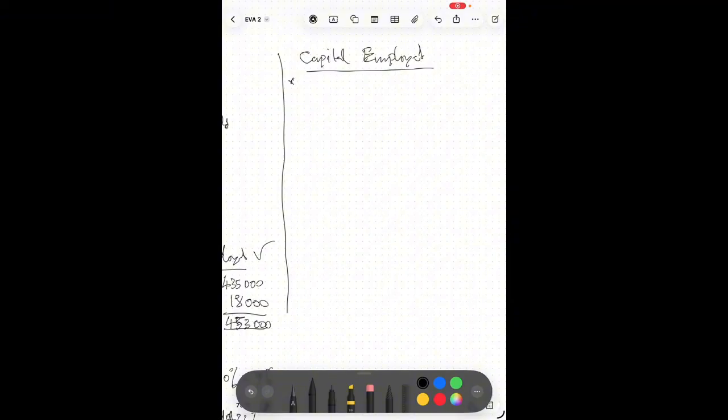We have various approaches to the capital employed. I just want to mention them so that, depending on how the question is framed, you can calculate your capital employed accordingly.